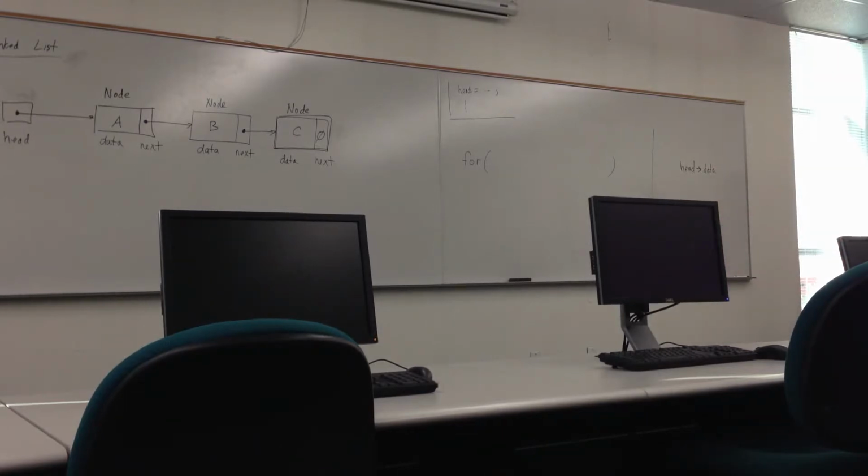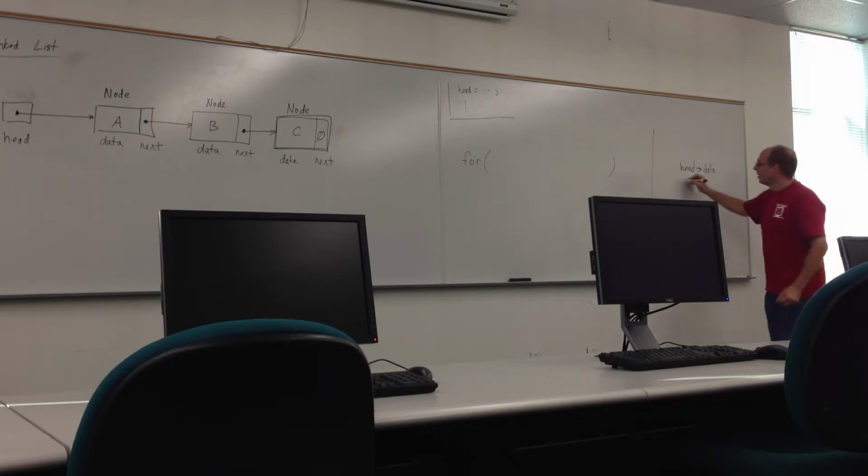So the head object is of the node class, right? It's a pointer to the node class. So would it have a next member also? It would. I can talk about its next like this.